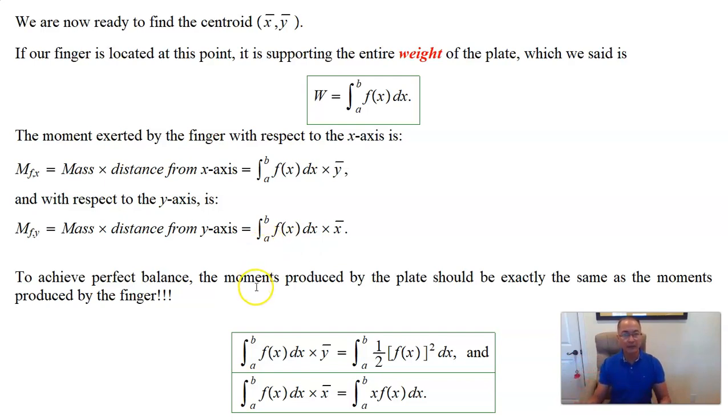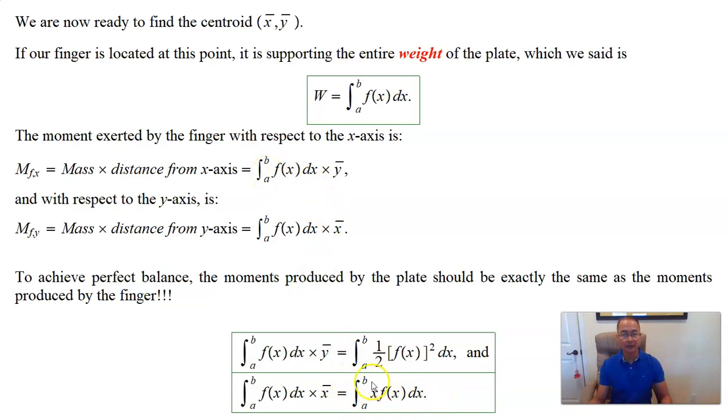So similarly, we can put our moment for the plate on one side, and that should equal the corresponding moment for our finger on the other side. Okay, this was the moment about the x-axis for the plate. This is the moment about the x-axis for our finger.